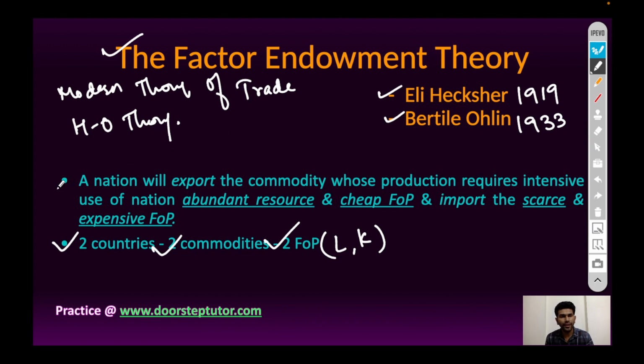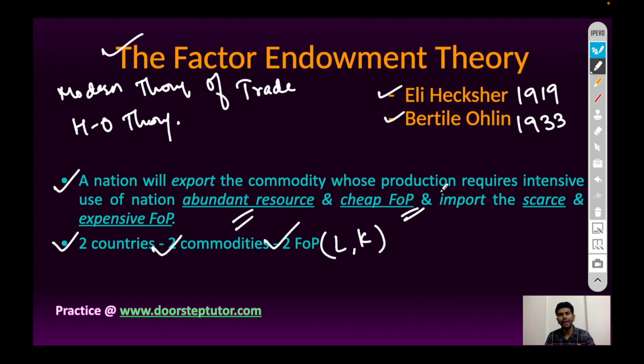According to this theory, a nation will produce and export the commodity whose production requires intensive use of the nation's abundant resource. Abundant resource means those resources which are available in the fullest capacity and are a cheap factor of production. India is a labor abundant country.